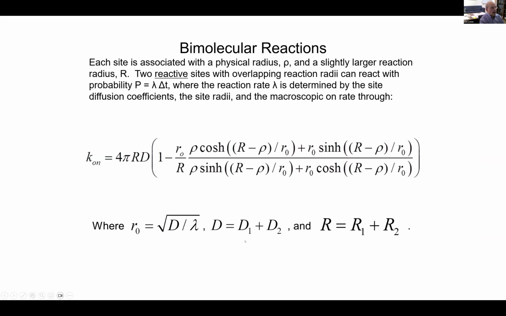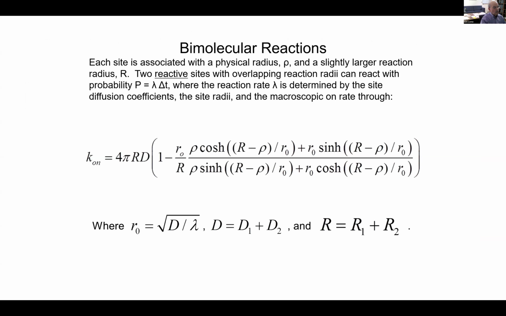I'm not going to go through the math here, but the basic idea for reactions is that you have a physical radius of each sphere, and if you decide that that sphere wants to react or can react with another site on a different molecule, then the software automatically creates a slightly larger reaction radius.